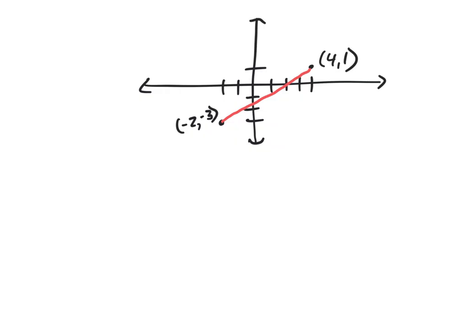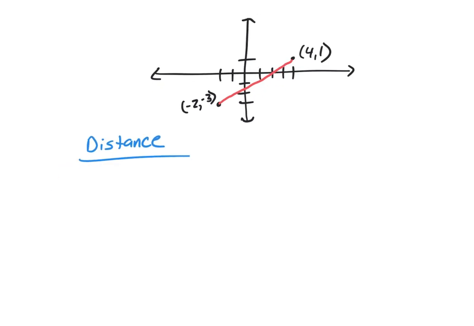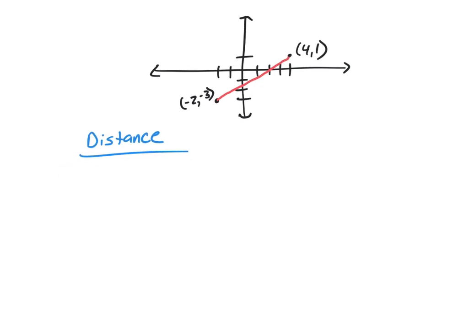Well, the formula that we use here is the distance formula. Okay. It's been a little while since we've used that. I'm going to give you the generic distance formula.